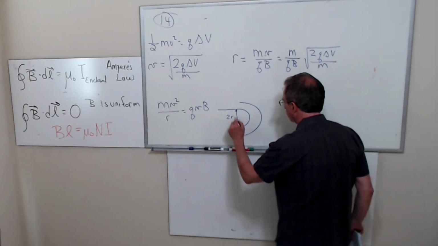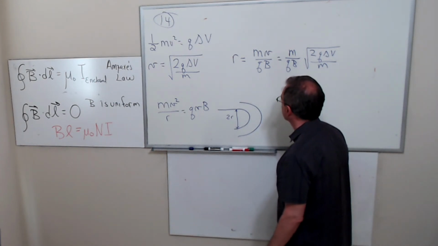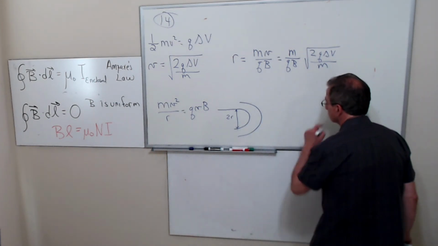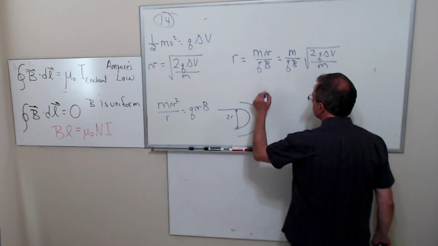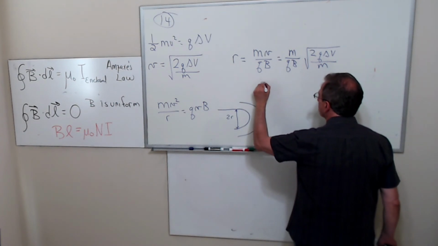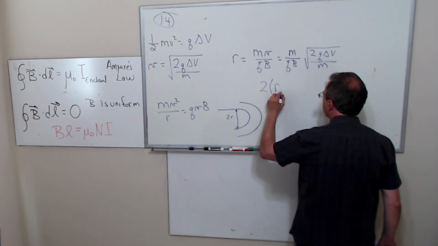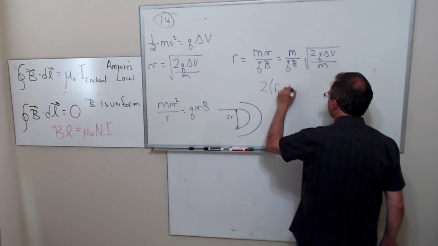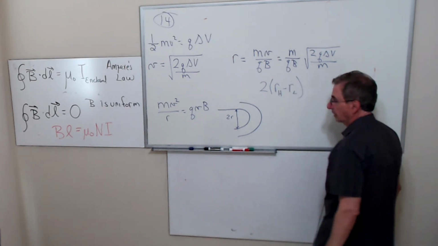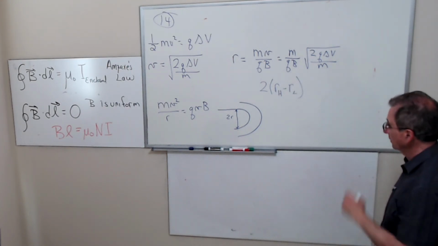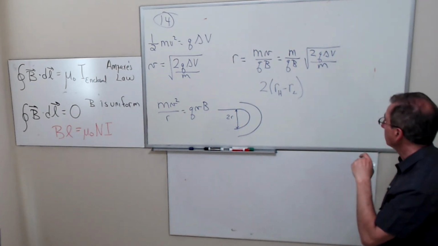Okay, so when they go from this point to this point, they travel distance 2r. So basically, the separation between the two particles is going to be 2 times r of the heavier one minus r of the lighter one. Okay?